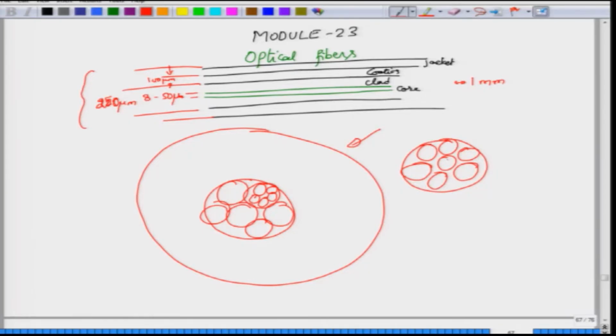Each of these itself consists of multiple optical strands. So, this is a structure inside a structure, but each duct in the cable will consist of about 6 or 8 optical fibers, all jacketed optical fibers, with or without some filler material.